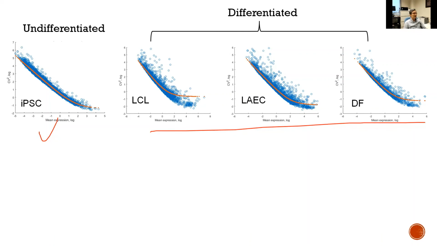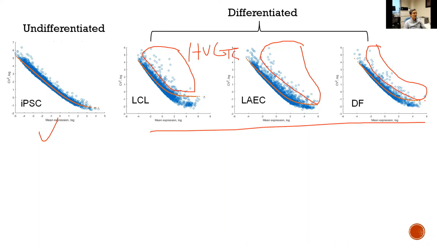So what we can tell from this pattern is that when you have a differentiated cell type, you expect to recover a set of highly variable genes from them. In contrast, undifferentiated cells, such as iPSC, have not been registered to any particular differentiated cell function yet.